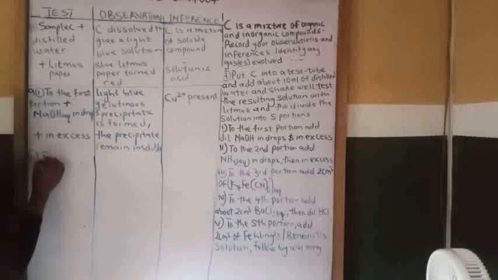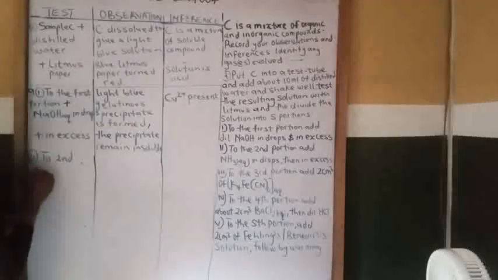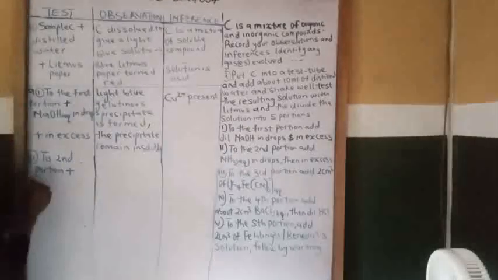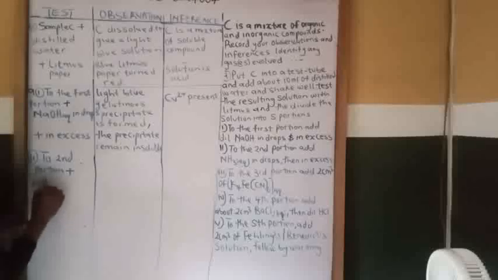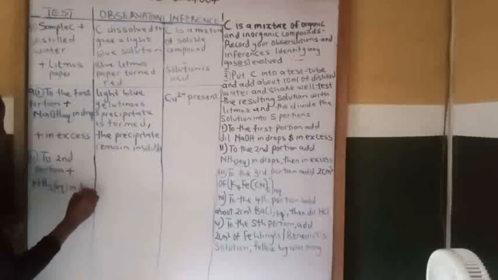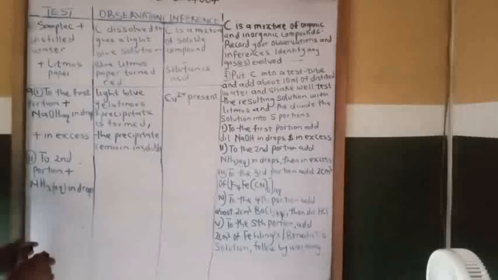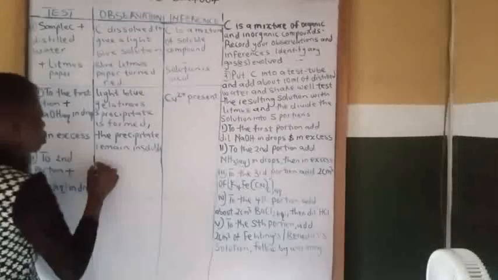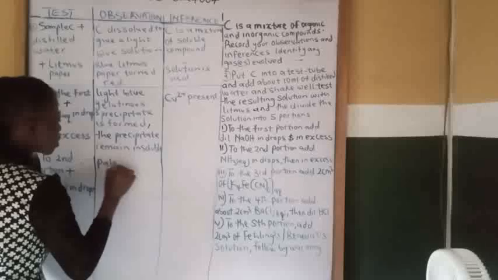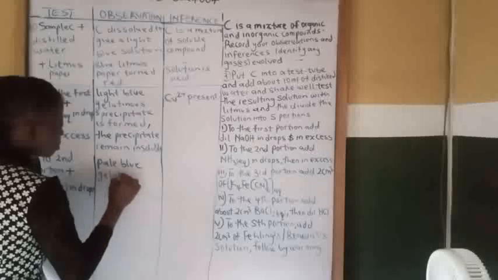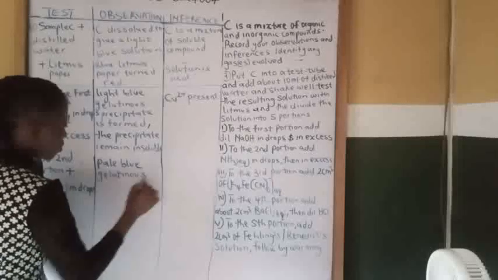So to second portion, plus aqueous ammonia in drops. Don't forget to put aqueous or dilute. So what will happen when you add ammonia to a copper containing compound in drops? You are going to have a pale blue gelatinous precipitate. Pale blue gelatinous precipitate is formed.